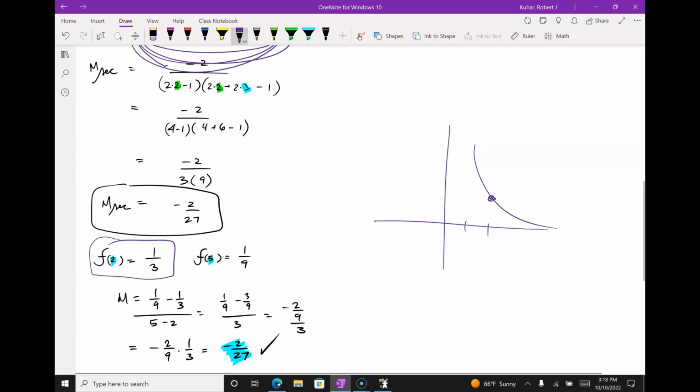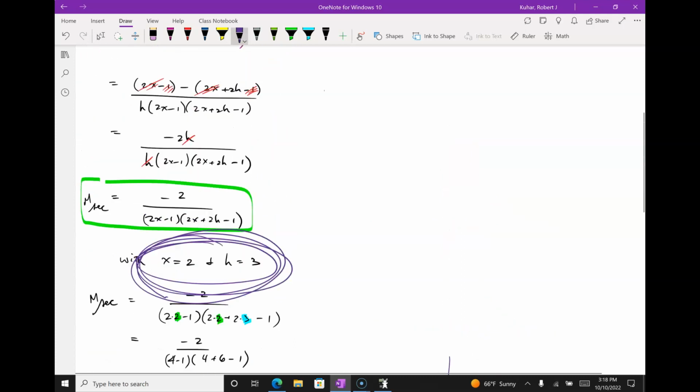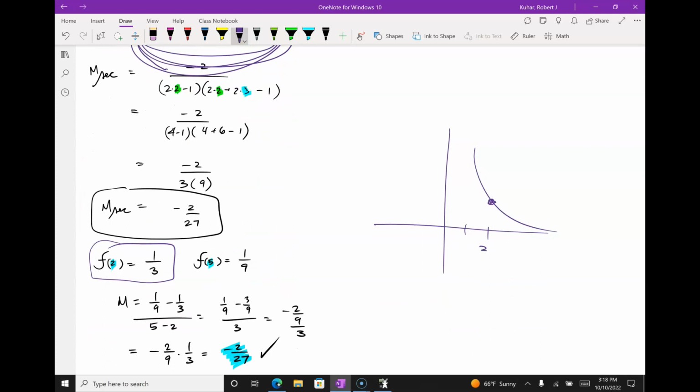H is 3, but as I go from 2 over, I got to get to 5. So I'm counting over 3 more from my first X, and I get my second X. Does that click? Yeah. So H is this distance, but my second X was 5. 3 over, right?